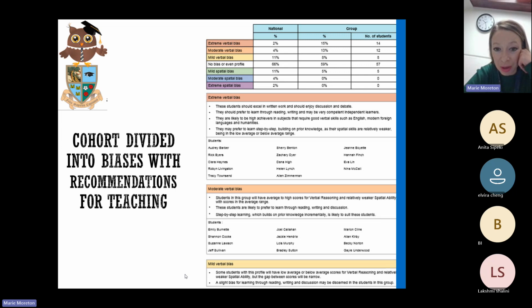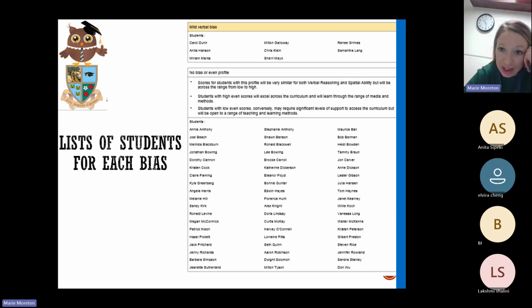Again, this one is moderate bias, that they will actually prefer step by step as well. They prefer reading and writing. And then there's mild verbal bias as well. Most children you'll see actually fall into the no bias section. So here, this is not our children, that will be private information. This is a sample group.